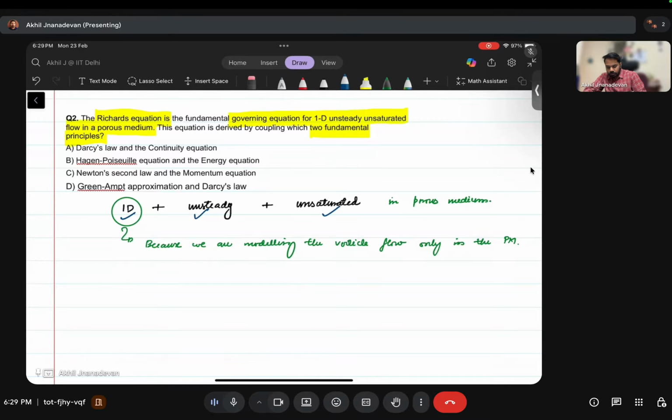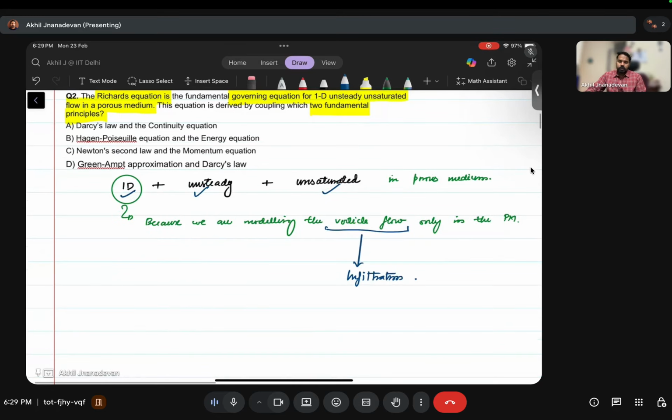This particular vertical flow is called infiltration. So basically, we can say the one-dimensional unsteady unsaturated flow is trying to model the infiltration process, which is a part of the hydrological process, right?